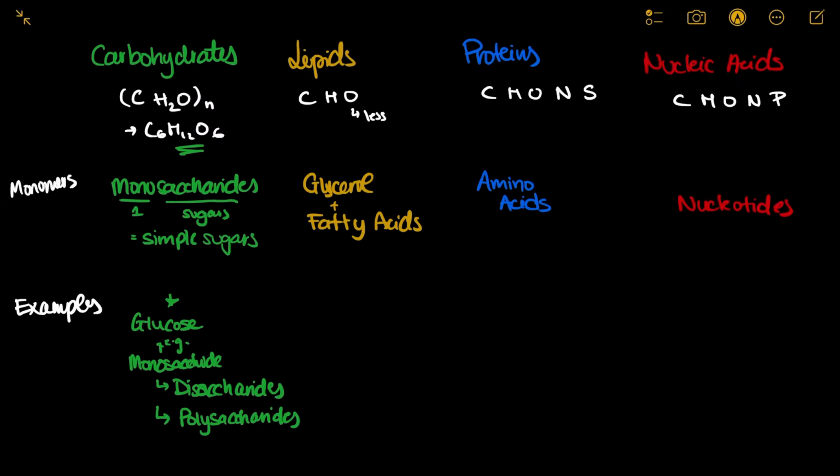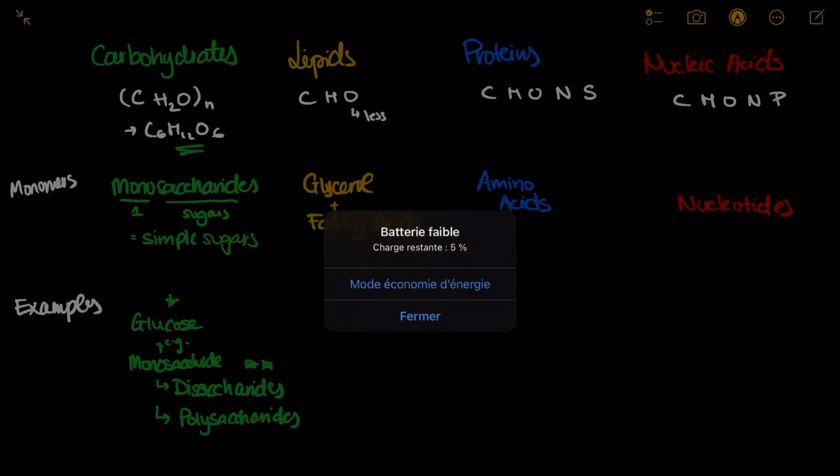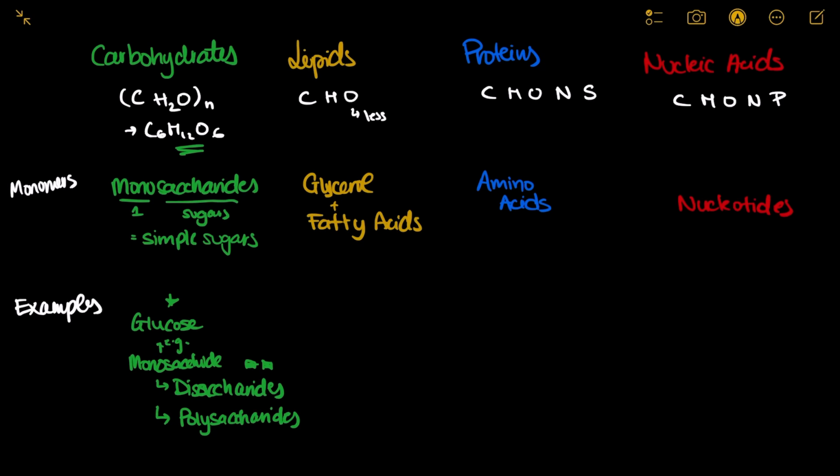An example of a disaccharide is two glucose molecules together, which makes, for example, maltose. And a bunch of different glucose molecules together, which can be put together in different ways. An example for that is starch. And there's also different types of monosaccharides.